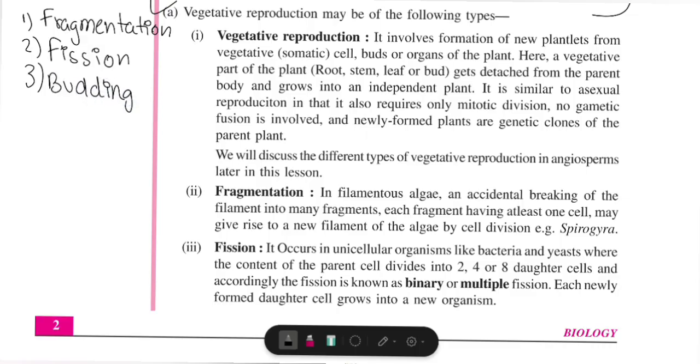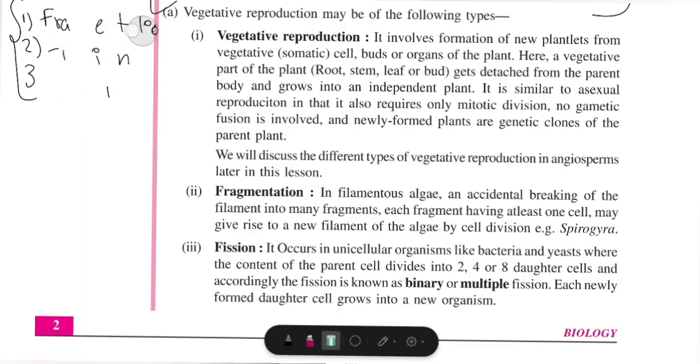Now, before we discuss the 3 ways vegetative reproduction is done by plants, let us understand what vegetative reproduction is. What do you mean by vegetative reproduction? So now, if you look over here in the paragraph, we have a clear definition.